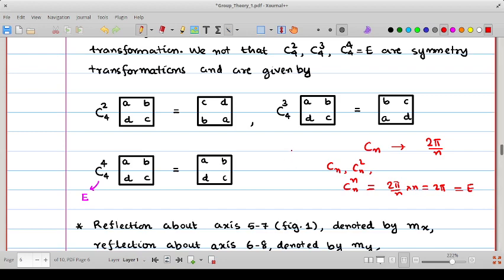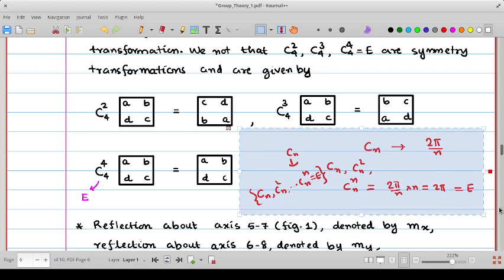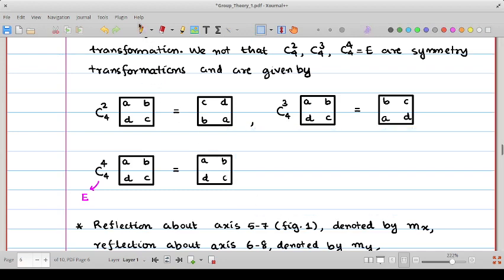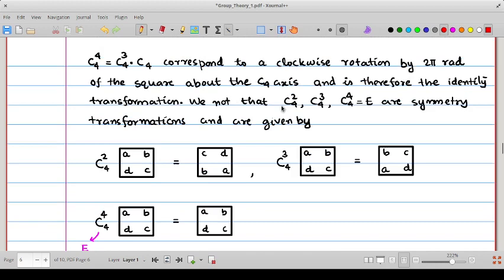So if we have a Cn axis, associated with it will be n rotations, which we denote as Cn, Cn square, and so on up to Cn to the power n, which is equal to the identity. So that is the generalization of symmetry under a Cn axis.